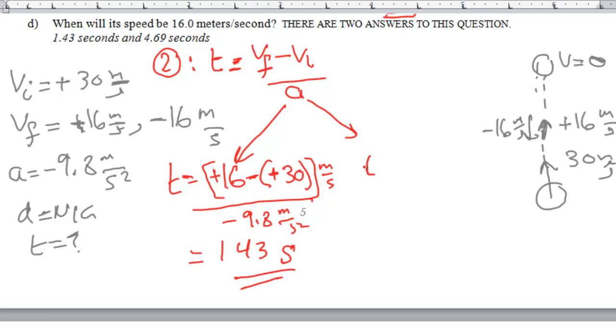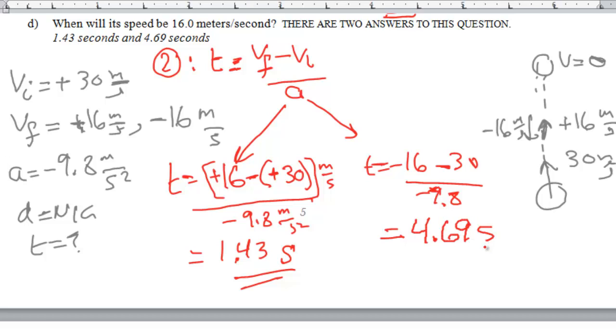Now with the other one, t will be equal to negative 16 minus 30 over negative 9.8. And again, the units are the same as the previous one, so I'm not going to write the units just to save time. This will yield 4.69 seconds.